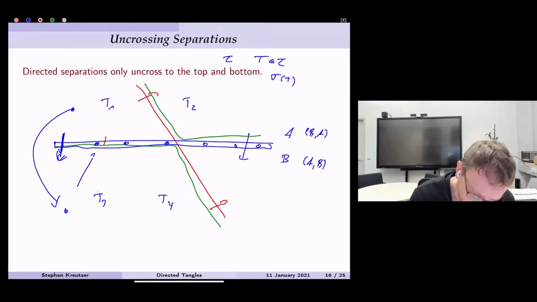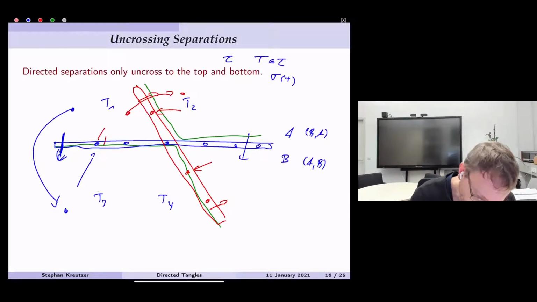Yeah, and the same for the red separation here. We have again a separator here, and you can have an edge that goes this way, but if you want to go back, you have to go through the separator.